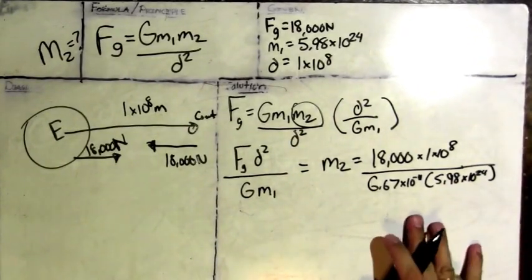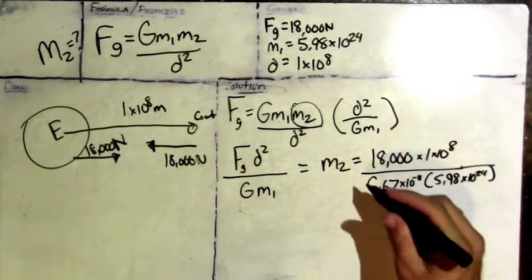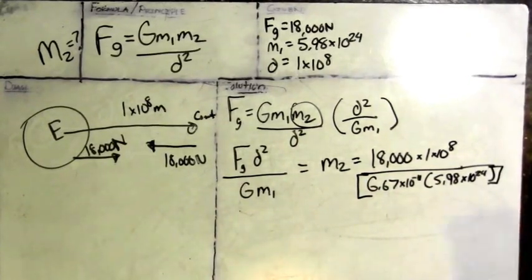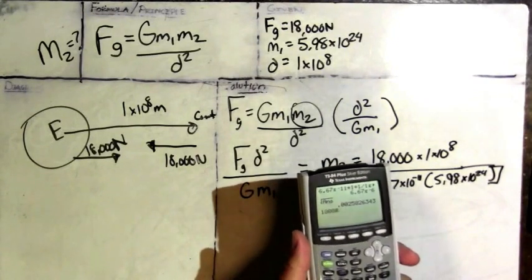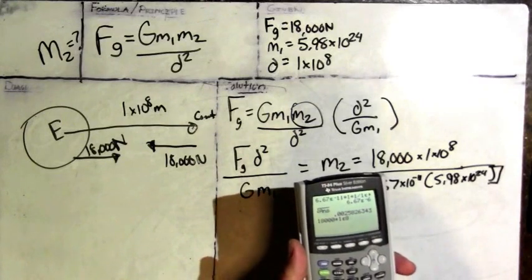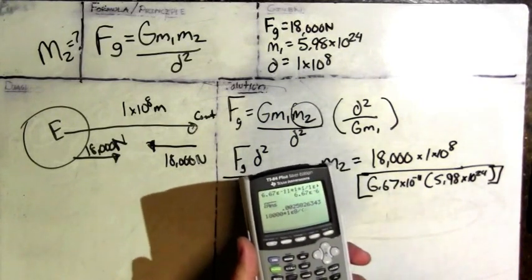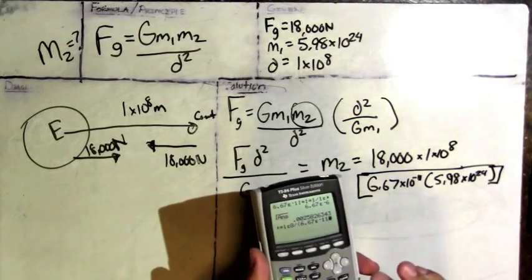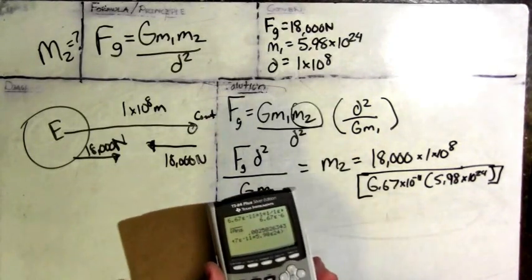Okay, because of the way that we have it set up here, you're going to have to be very careful with your parentheses, because this whole term, when you divide, needs to be in parentheses. So we'll show you what that looks like in the calculator. So 18,000 times 1e8 divided by parentheses 6.67 e minus 11 times 5.98 E24.